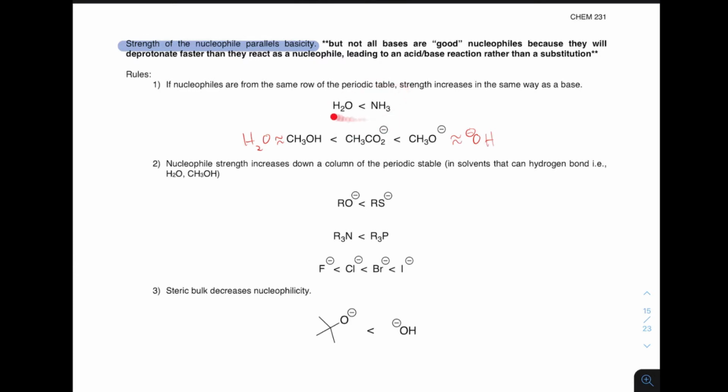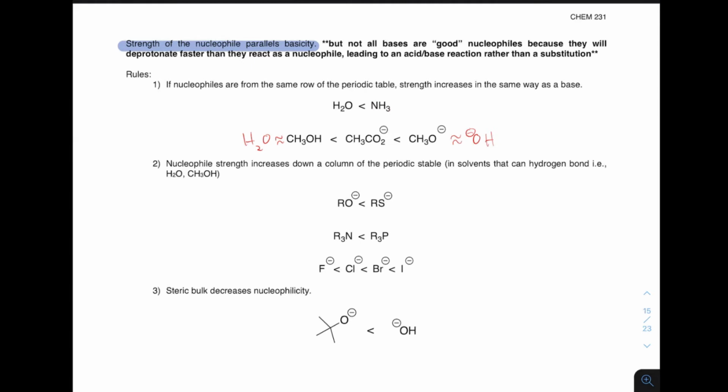Right, so we're looking at this first example here when we have water and ammonia, right, we know that oxygen is further to the right. The nitrogen is more electronegative. So H2O is a stronger acid than ammonia, because oxygen is more electronegative, it's happy to take that negative charge, more so than nitrogen, which is not as electronegative.